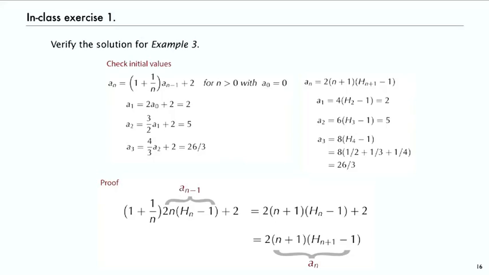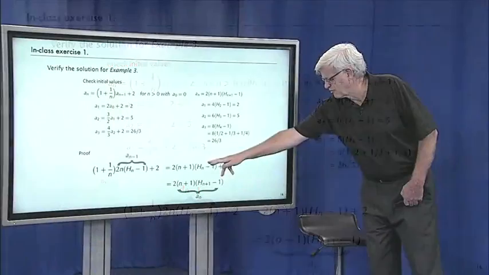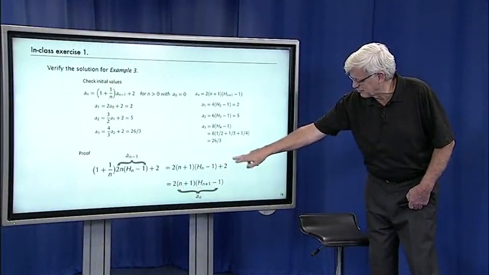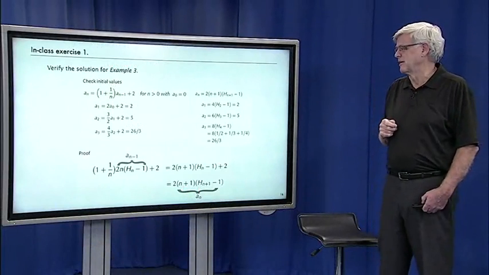And that's the little bit of algebra that's required to do that. So have a solution, always verify it. The computation with harmonic numbers involves realizing that h sub n plus 1 equals h sub n plus 1 over n plus 1, and that's where there's a little magic algebra in there to check that.